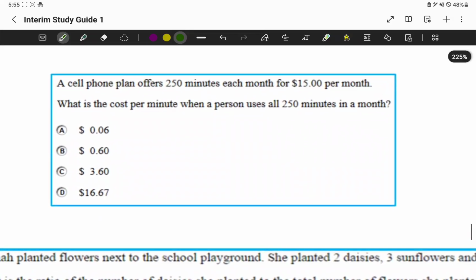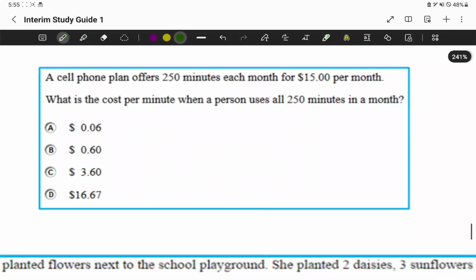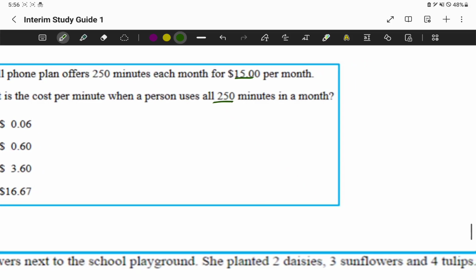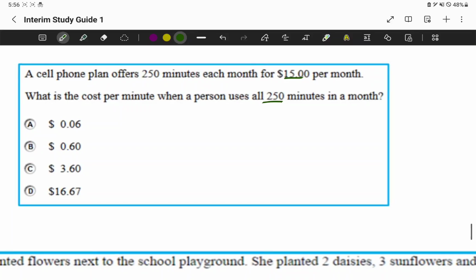Okay, so next up, a cell phone plan offers 250 minutes each month for $15 per month. What is the cost per minute when a person uses all 250 minutes in a month? Well, that's the cost divided by the minutes. Now, we could do a table or we can do the long division.